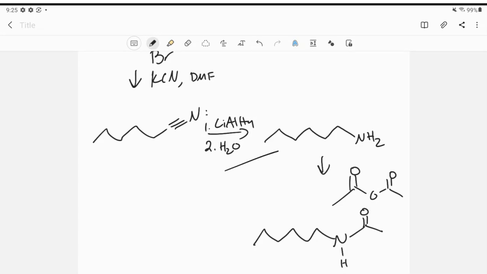How can we take this thing and turn it into this? How can we methylate it? Just a single methyl group.